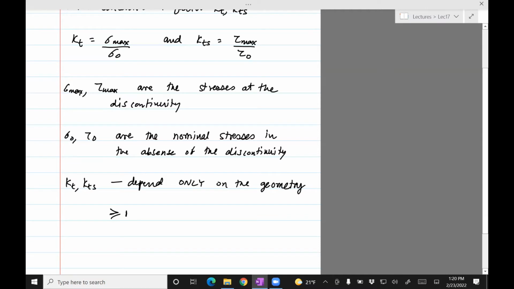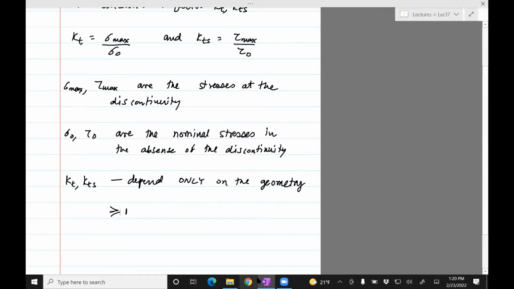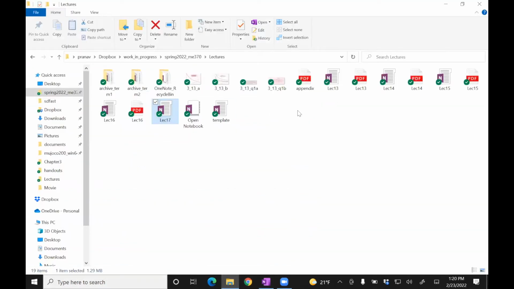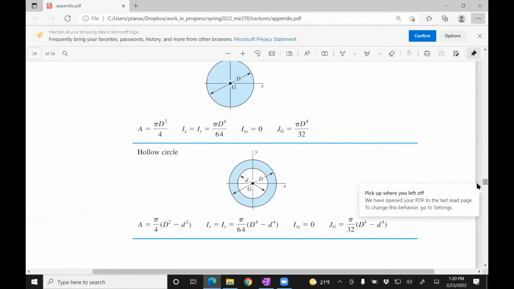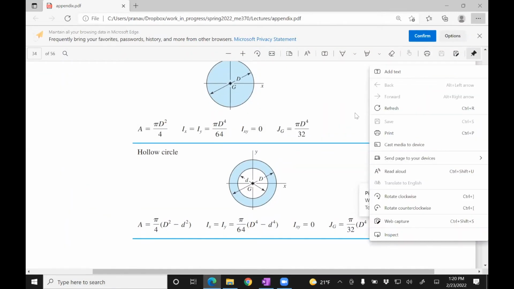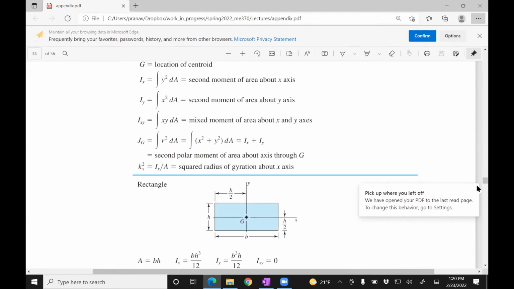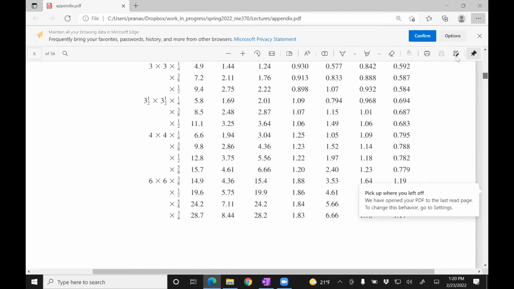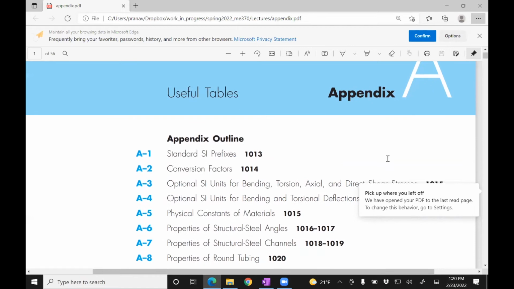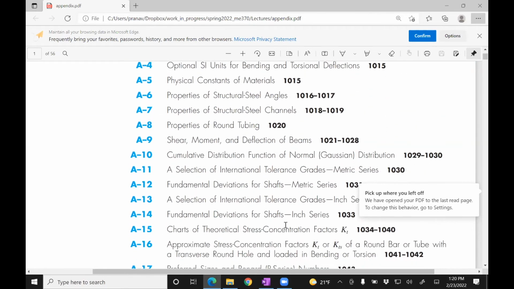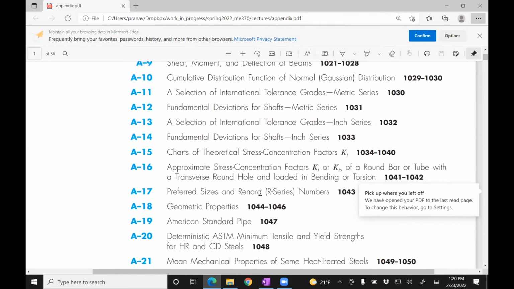Okay, so what we are looking at is the book, full appendix. Let's search for, there it is, A15.